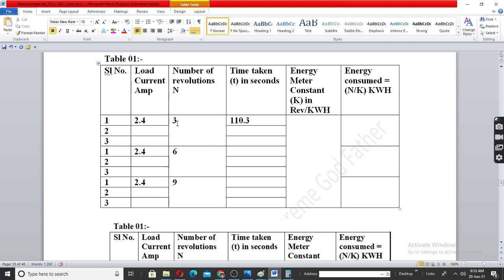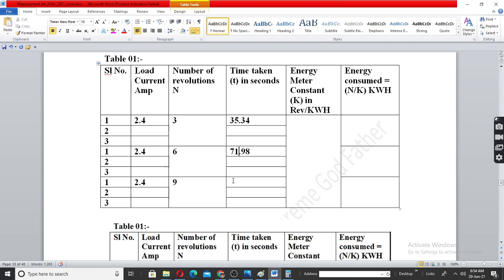So for 3 revolutions, if you get some time, for 6 revolutions for the same current, you will get around double. Sorry, here it is wrong. If this is say 35 seconds, for 6 revolutions it will be double, say 71.